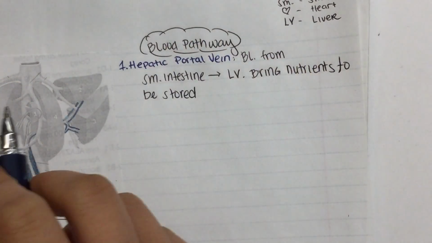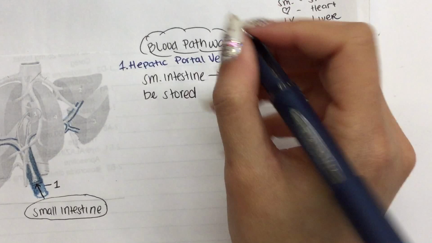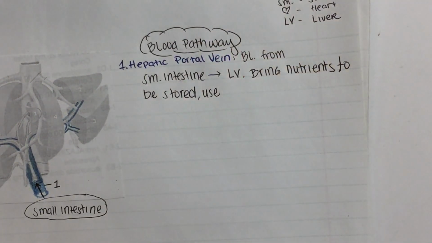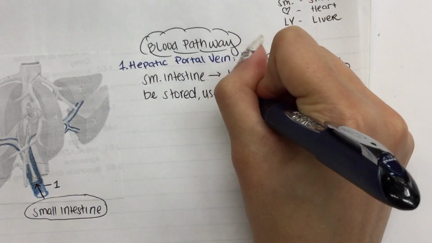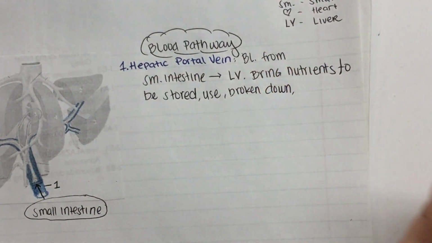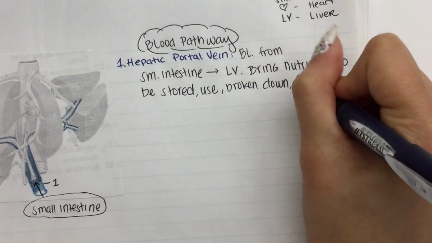Carbs, lipids, proteins, minerals, vitamins. Which ones get stored in the liver? Vitamins are going to get stored. Some of the carbs are going to get broken down and used. Some of the proteins are going to get broken down or used as well. And then some of the things in the blood from the small intestine will get filtered.